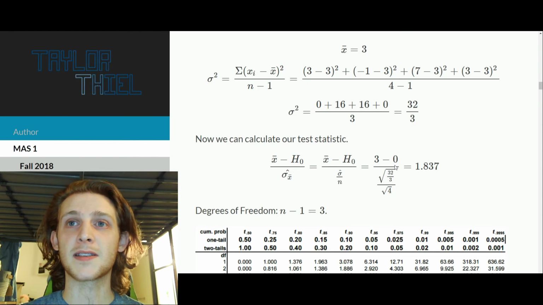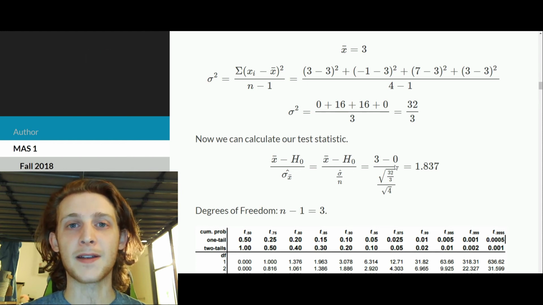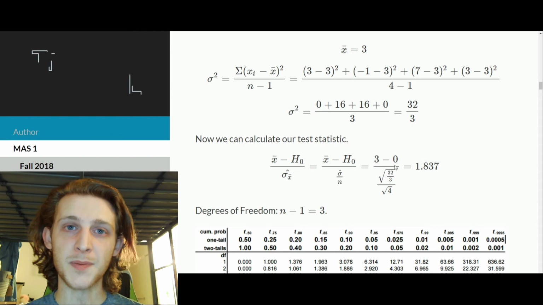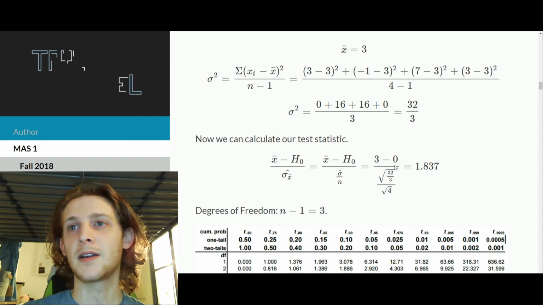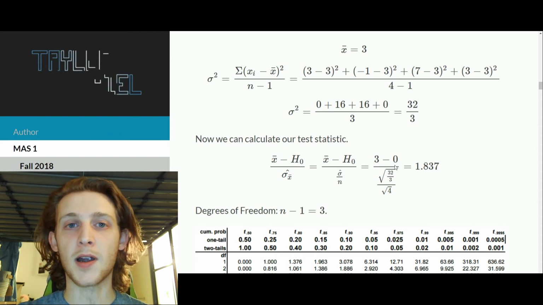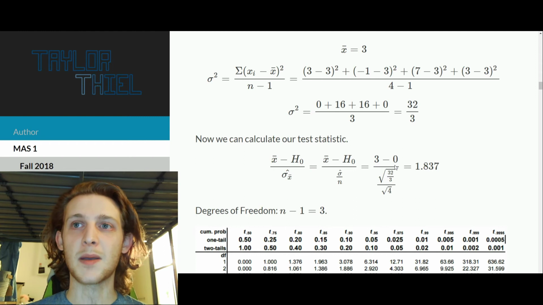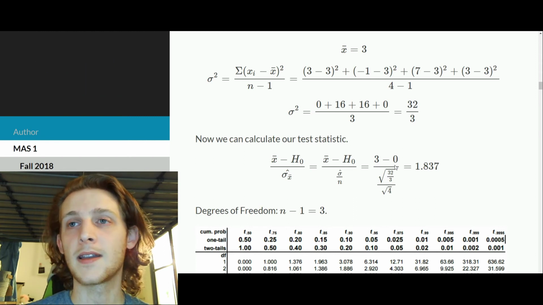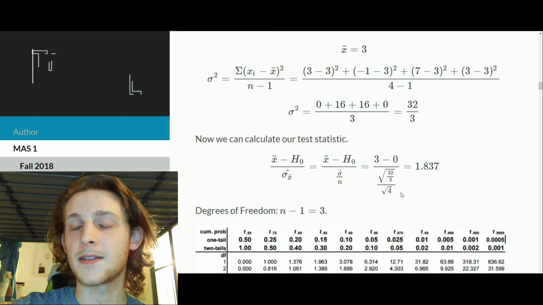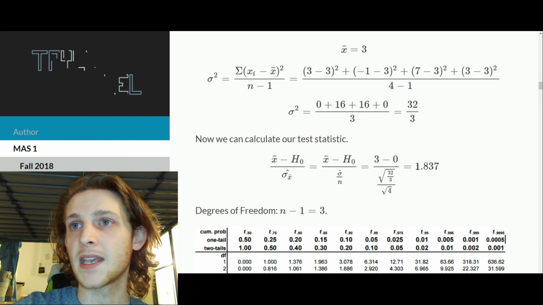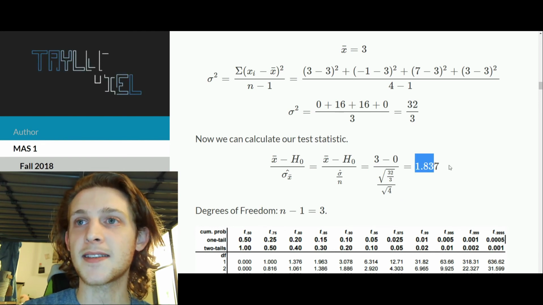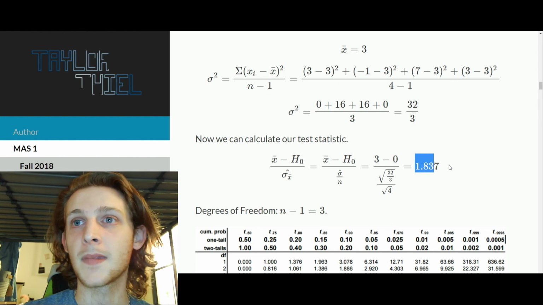And that's because we're not interested in the variance of the difference between brothers and sisters. Since we're using the x bar, we're trying to use the estimate for the variance of a sample average of size 4, and that's why we need to divide by that square root of 4. And that's how we end up with our test statistic of 1.837.